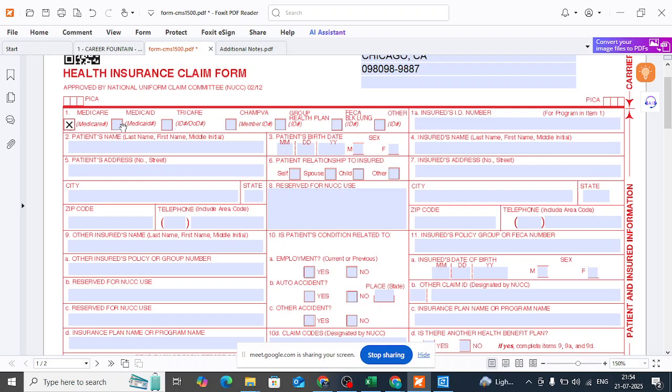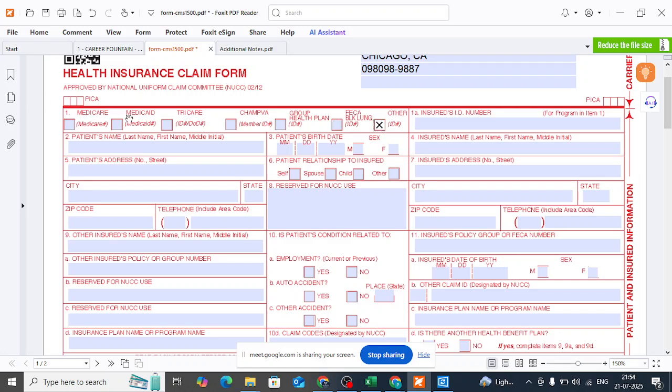Obviously it is designed by a US government department, so these names are US government insurances. The government provides some insurances, and there are eligibility criteria according to which people get insurance from the government.